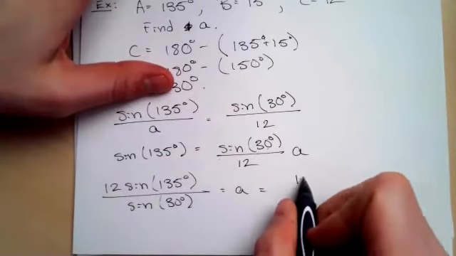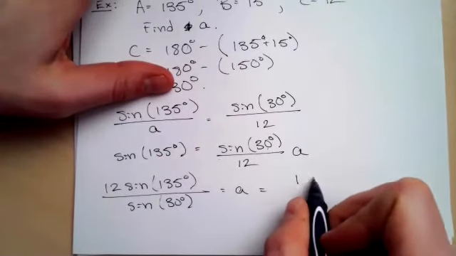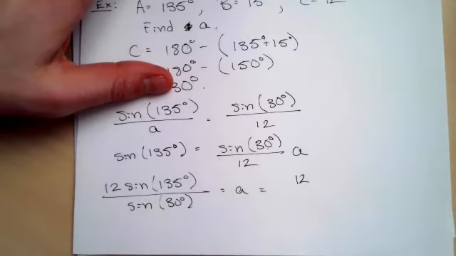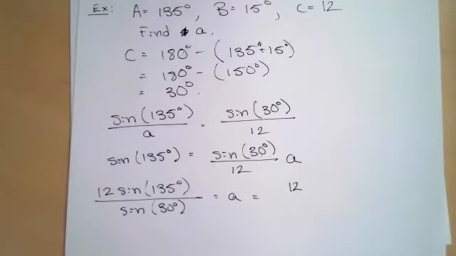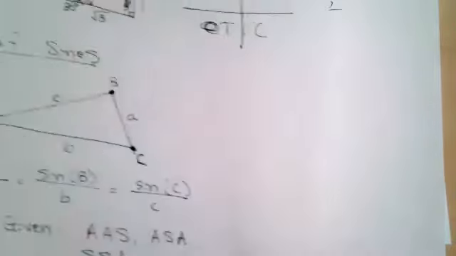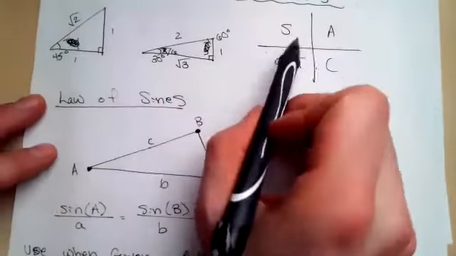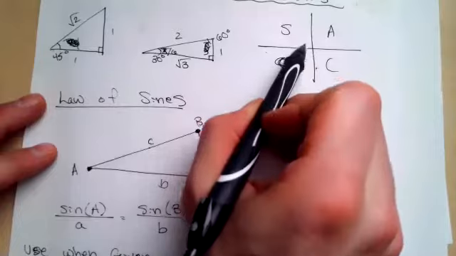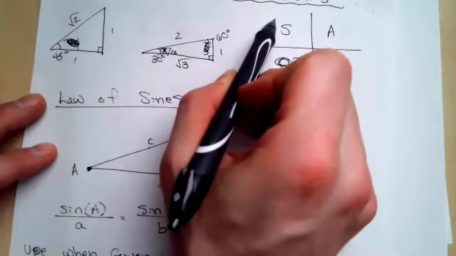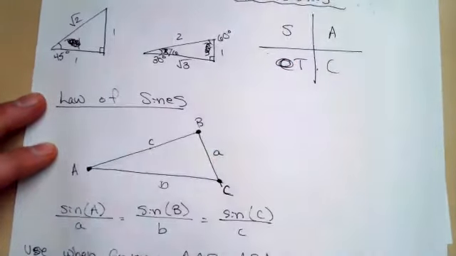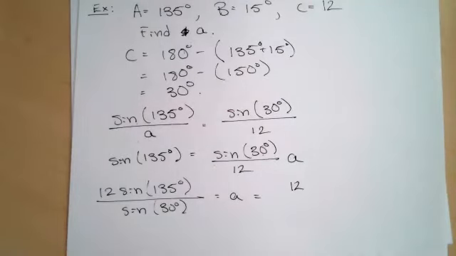So 12, what is sine of 135 degrees? So 135 degrees, how big is that? It's over in the second quadrant, and it's got a 45-degree reference angle. So it's 90 plus 45.